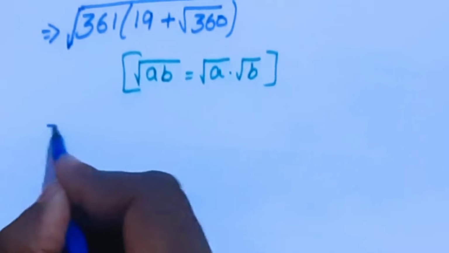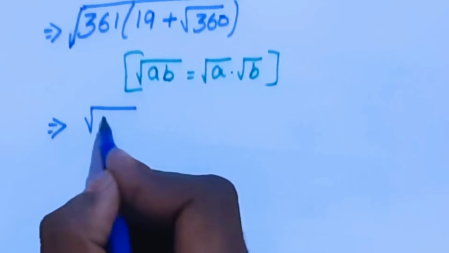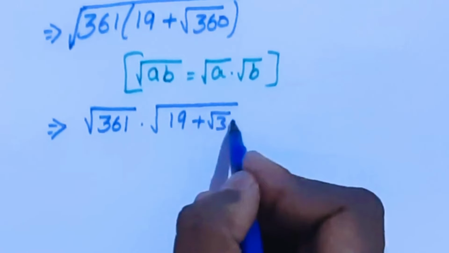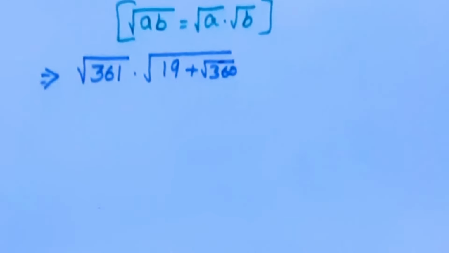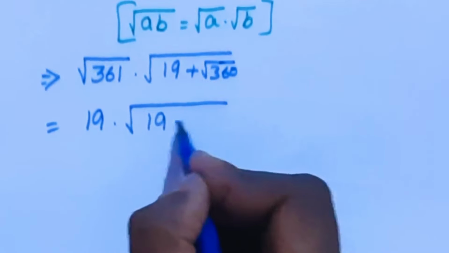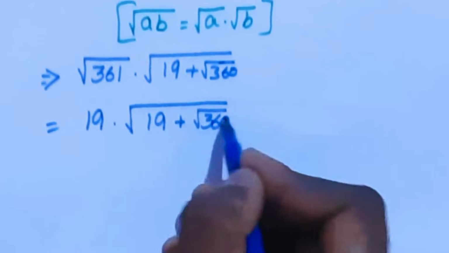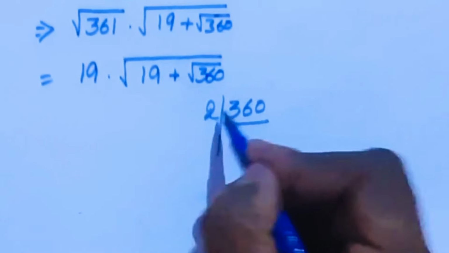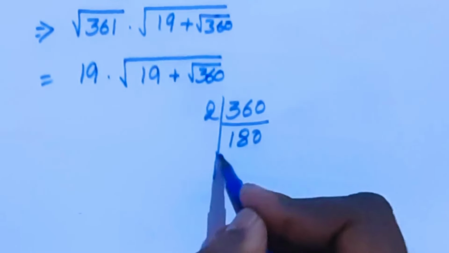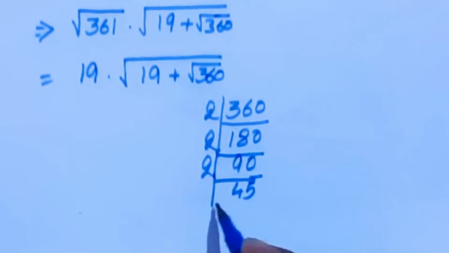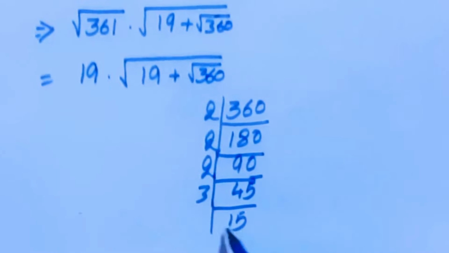So 180, 2 here, 90, here 45, here 3, 15, here we'll have 3, finally 5.